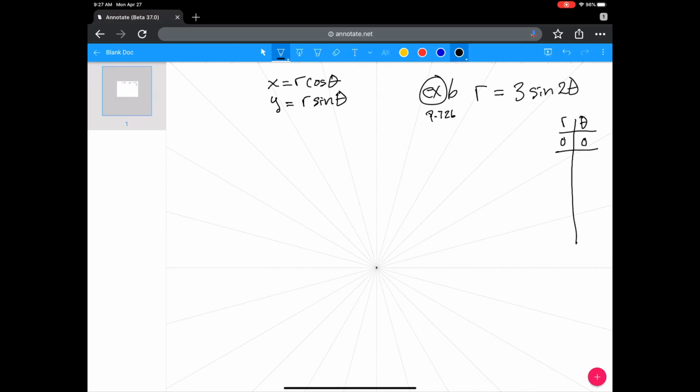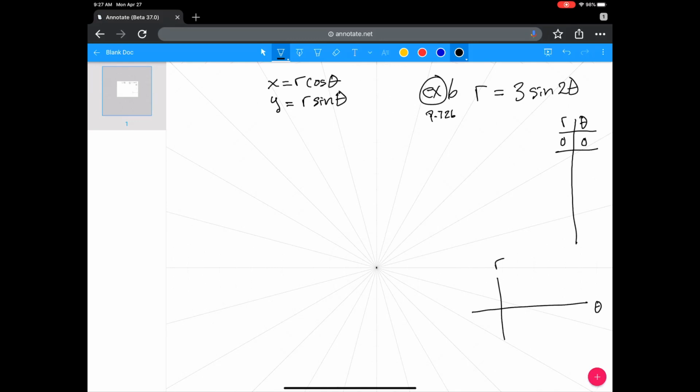Then what I do is I imagine what the values of 3 sine 2 theta would give me before I try to translate to the graph. The book will show you this better than I can by drawing it by hand. But as you're imagining these points being generated, you could imagine what this would look like as you plug in values of theta and see what you get for r.